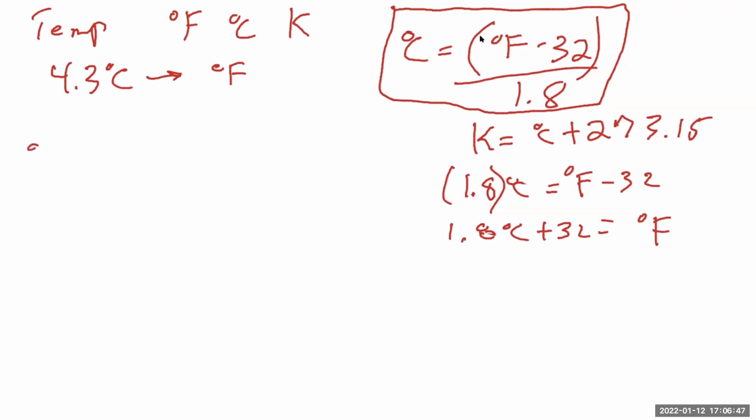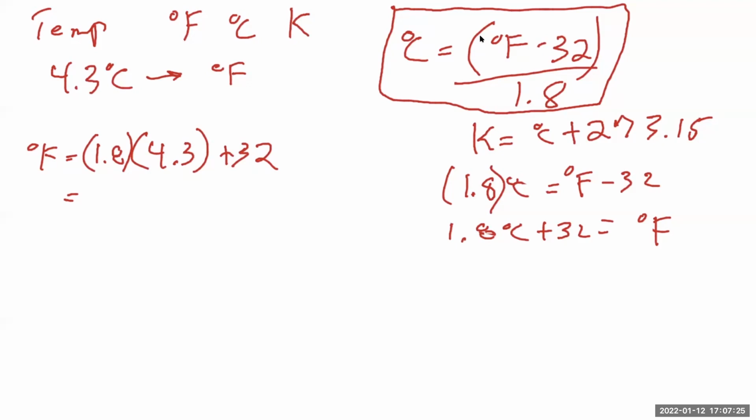So my degrees Fahrenheit is equal to 1.8 times my degrees centigrade, which is 4.3, plus 32. So I take my calculator and I will do 1.8 times 4.3, okay, and then plus 32.